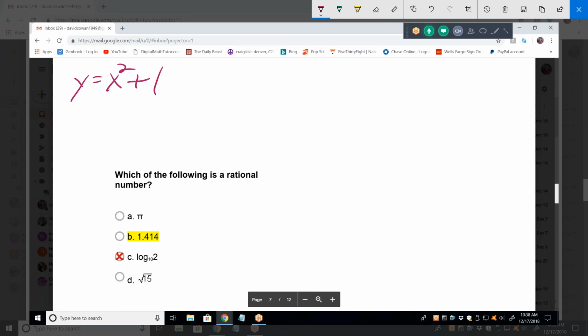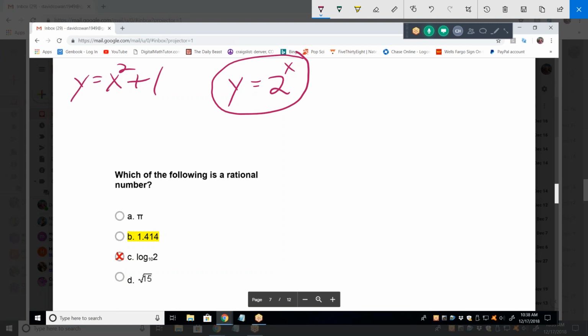I can solve that algebraically. But if we have a function like this, where the variable is in the exponent, that is not an algebraic expression. That is an exponential expression.